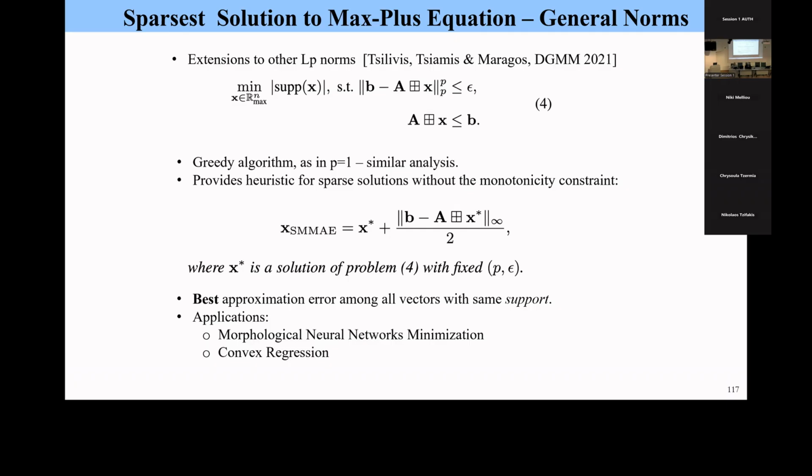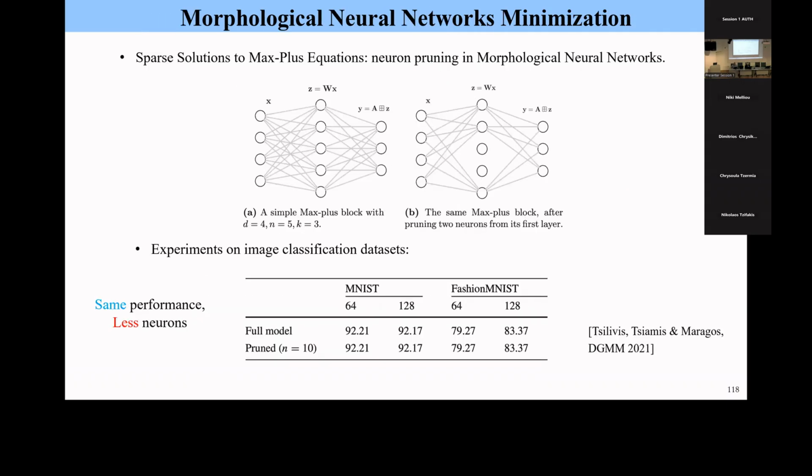This can be applied to network minimization as well as later on when we do convex regression. So let me provide a numerical example of compressing neural nets using these ideas. Suppose an experiment with just one hidden layer, and we want to find the pruning algorithm.